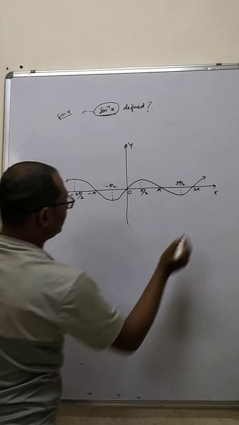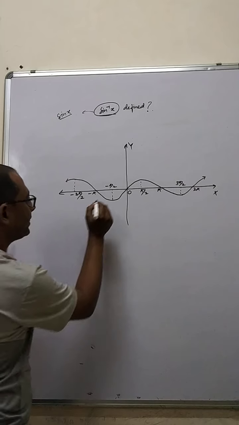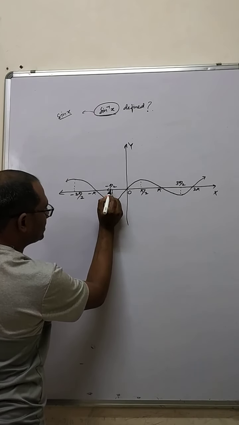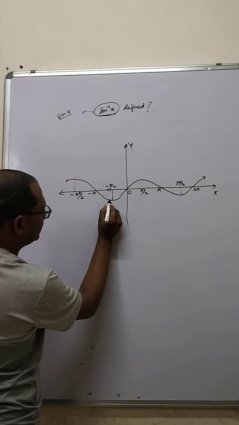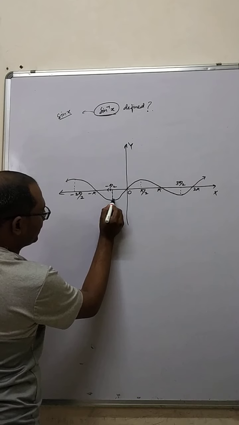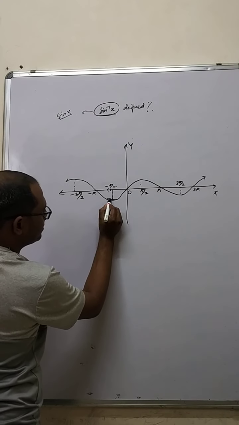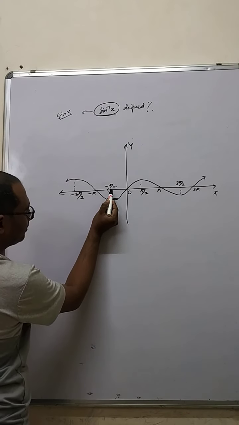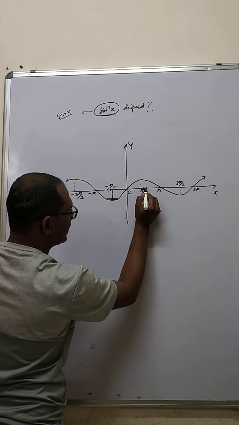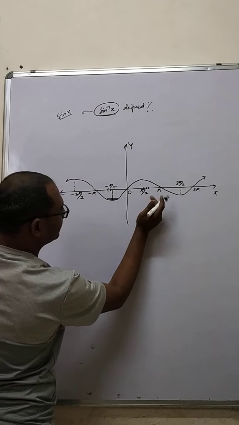Now if we observe carefully, we will find that for the values of x beyond minus pi by 2 here, the values are going to repeat. We are getting the same values the moment we go beyond minus pi by 2. The same thing will happen the moment we take values of x beyond pi by 2 this way.